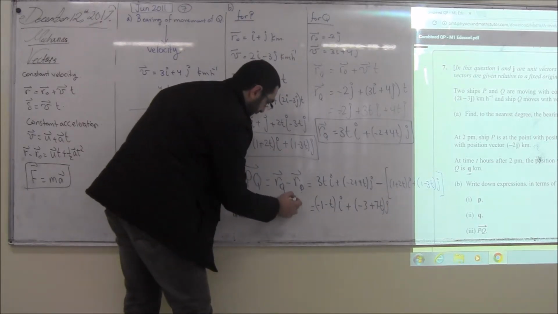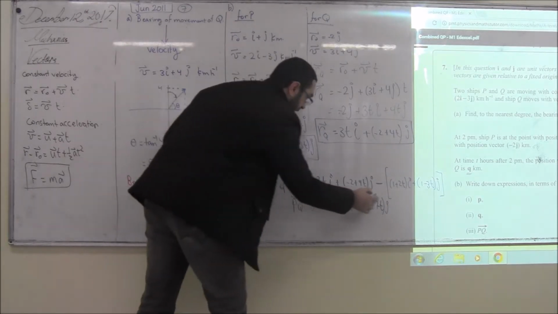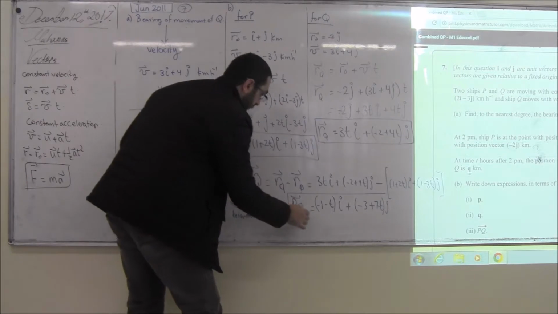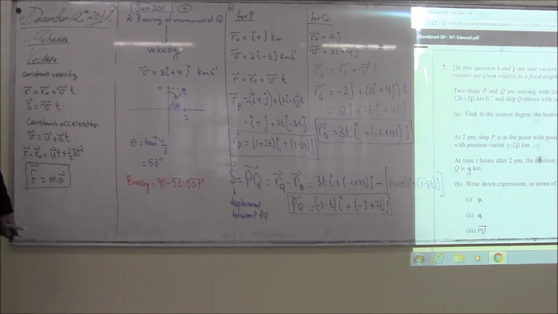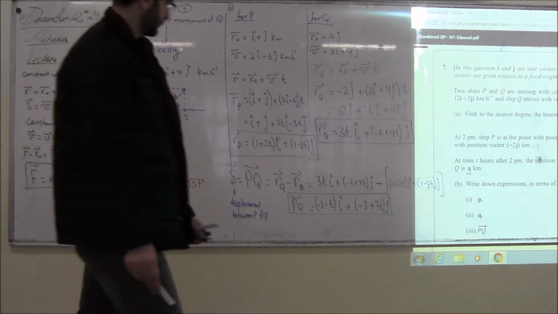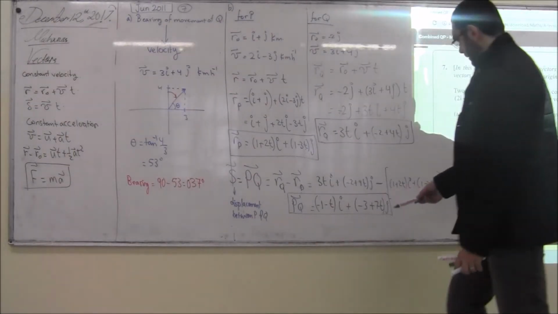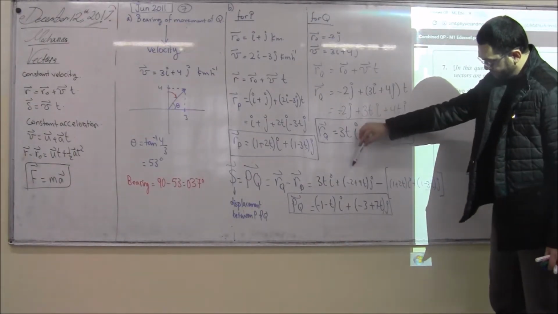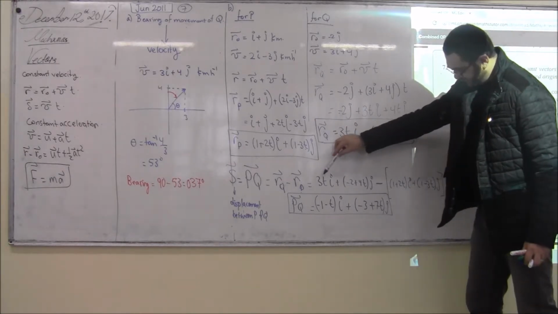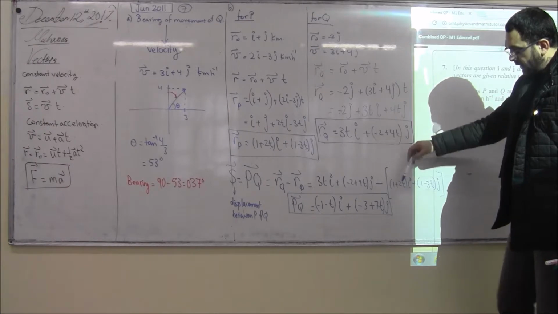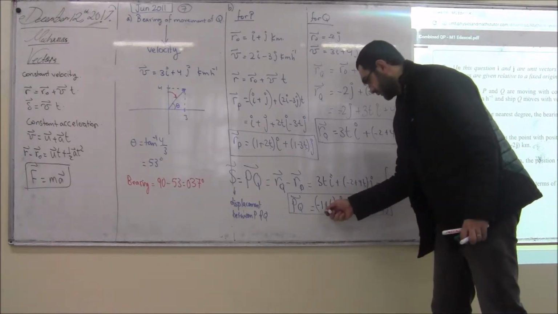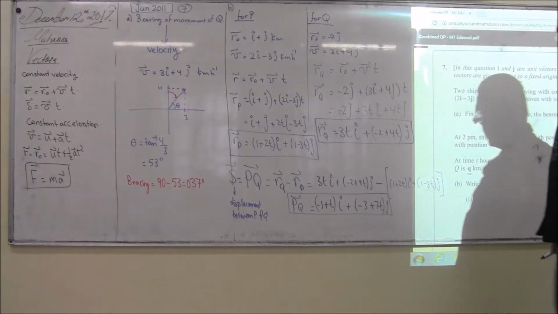This is PQ. So it's 3t minus 2t, not plus t. For the i: 3t minus 2t, minus 1, plus t, yes.